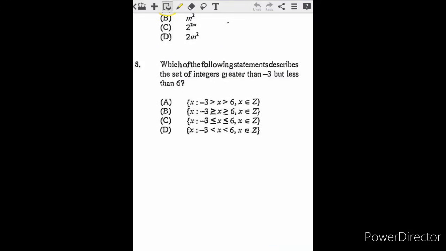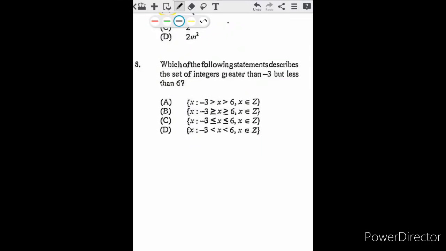Question 8. Which of the following statements describe the set of integers greater than -3 but less than 6? A says that x is less than -3. Our question says greater, so A is out. Then B, yes.